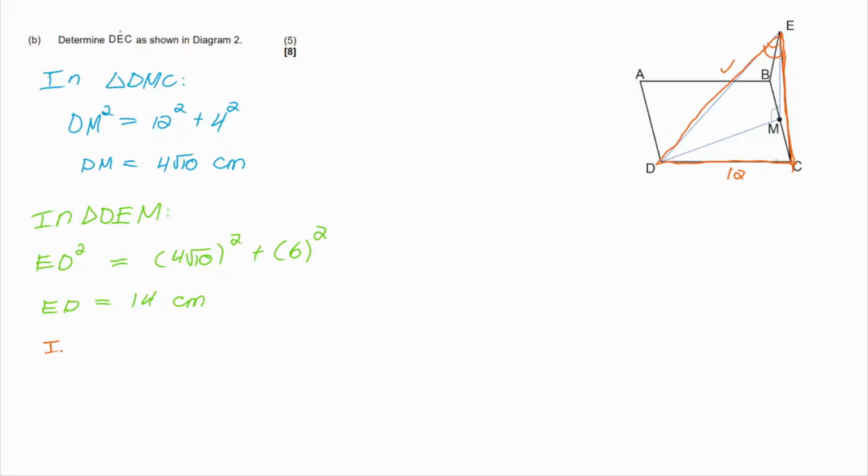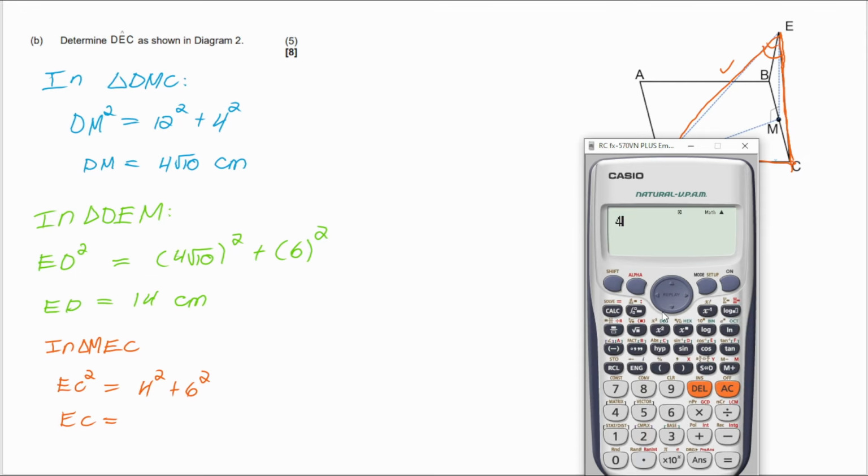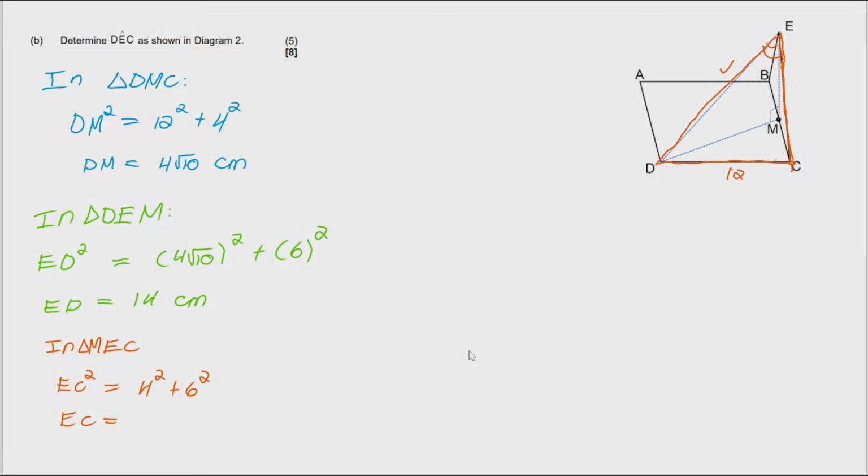So if we work now in triangle MEC, EC squared is equal to 4 squared plus 6 squared. That's from Pythag. So EC is going to be, in the calculator, 4 squared plus 6 squared, don't forget the square root, which is 2 root 13.